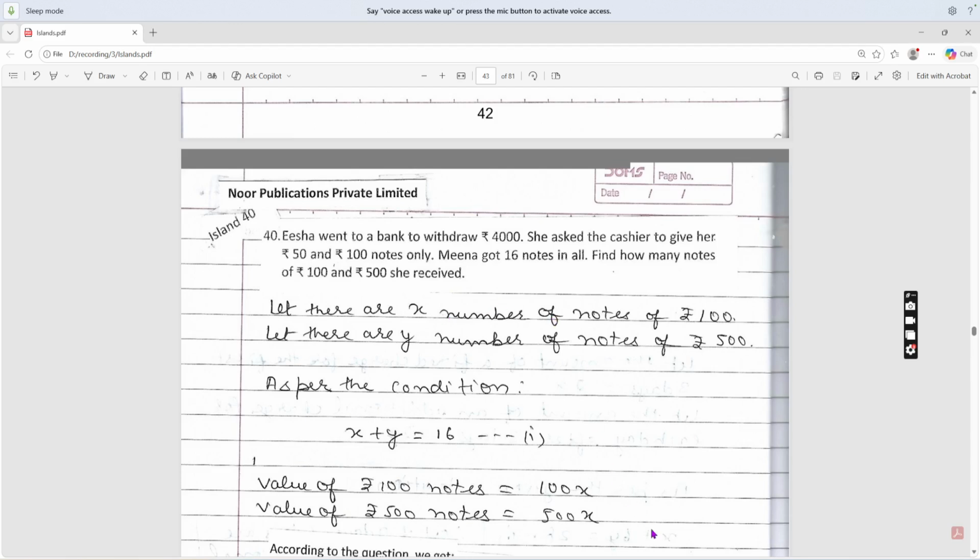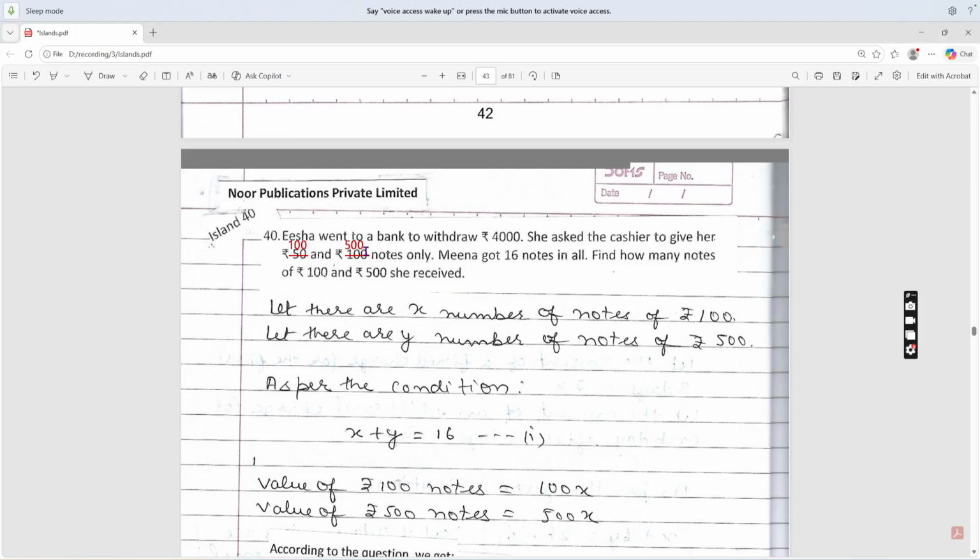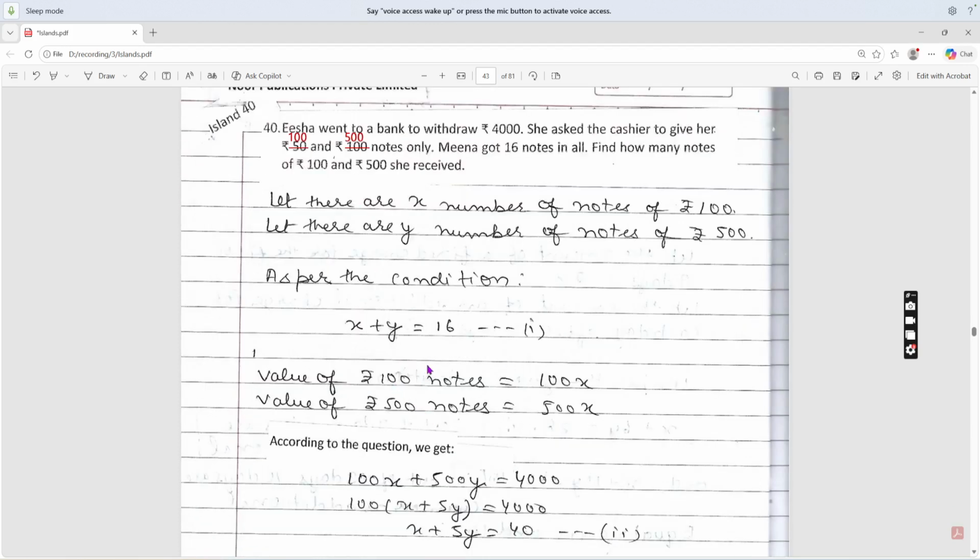Okay. Here we can say one thing. So here notes are present in the denomination of rupees 100 and rupees 500. So x plus y is equal to 16 because the total number of notes is 16. Now we have to convert this into money value only. See, x notes are available of rupees 100.